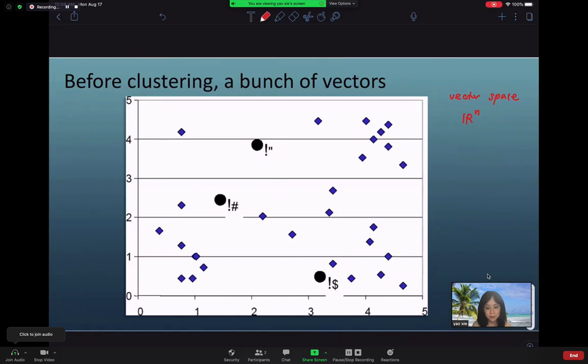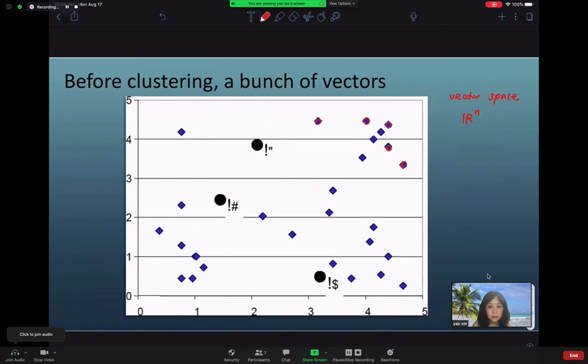But you can imagine they live in this high dimensional space, and each data point here represents one image. I draw this in 2 dimensions, but you can imagine this is actually happening in a very high dimensional space. So before clustering, I don't know what these images are. They could be any of these 10 digits from 0 to 9.